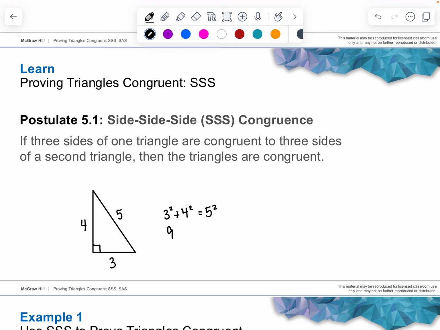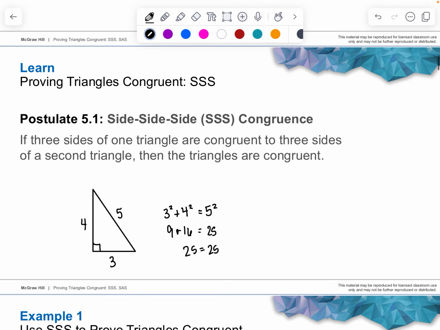Yep. 9 plus 16 equals 25. 25 equals 25, which means we have a right triangle right there. So a 3, 4, 5 triangle will always make a very specific right triangle with very specific angles, actually, the same angles every single time. Okay? So as long as you have the same lengths of sides, you will get the same specific triangle.